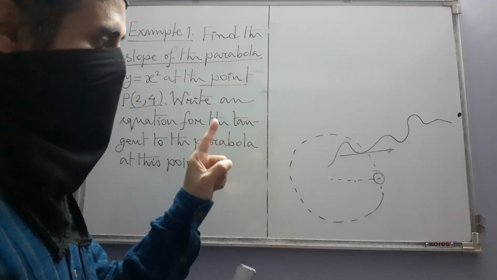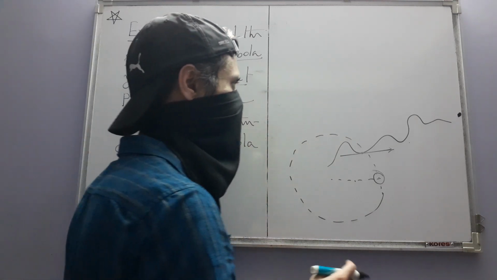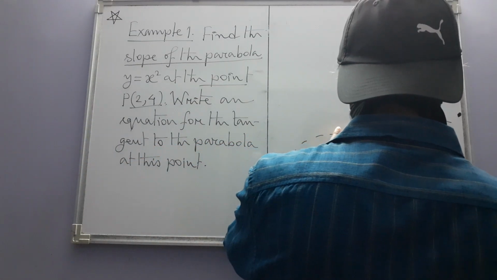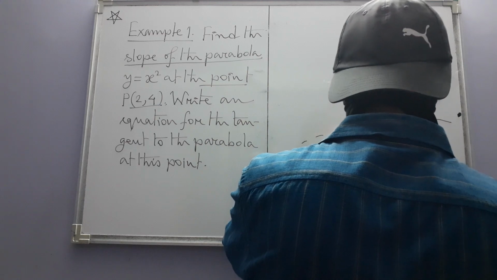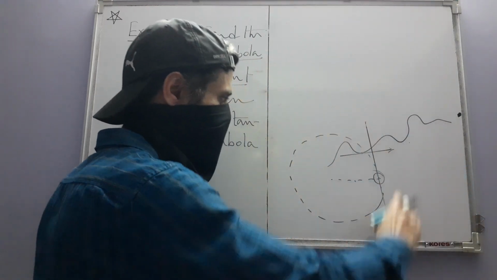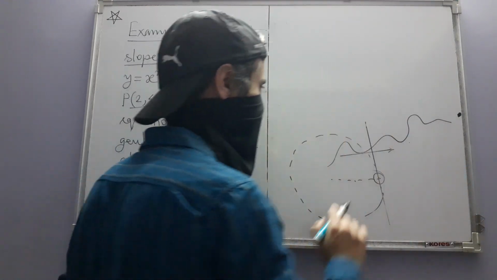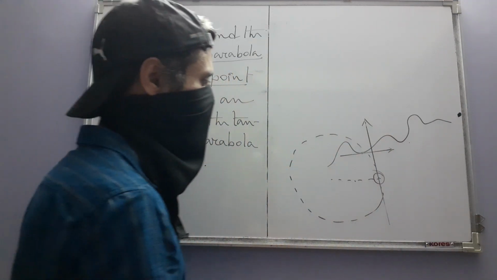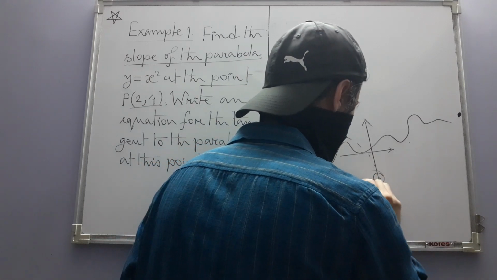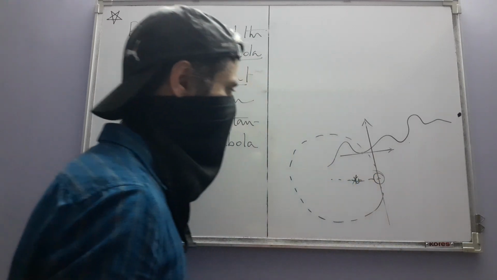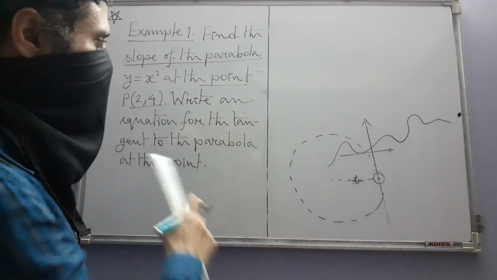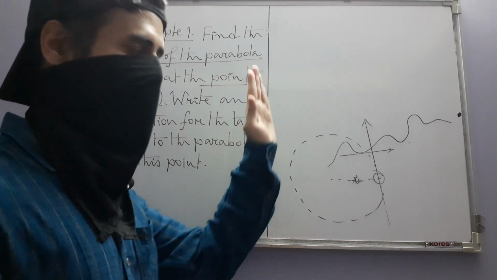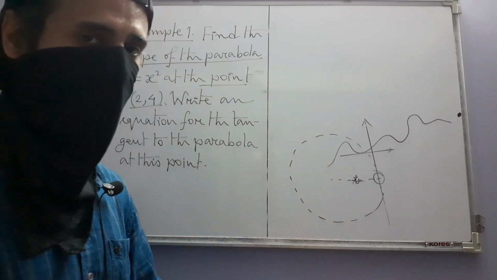But the moment the string breaks, the object will fly apart. In which direction? In the direction of the tangent to the circle at that point. Say the motion is anti-clockwise like this, or what some people would call counterclockwise. Then say at this instant the string breaks, then the object will not fly apart in this fashion or that fashion. It will fly apart along a straight line if no other influence is present.